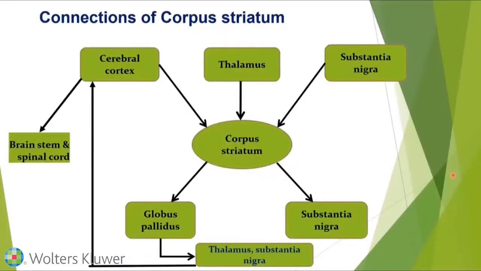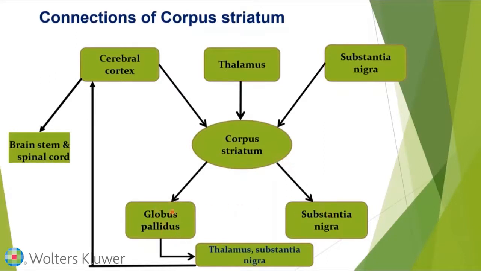The most important connections of corpus striatum. The corpus striatum receives input signals from cerebral cortex, thalamus, and substantia nigra through corticostriatal, thalamostriatal, and nigrostriatal fibers. These bring in the afferents to the corpus striatum. The corpus striatum now synthesizes these impulses and sends its efferents to globus pallidus and substantia nigra.